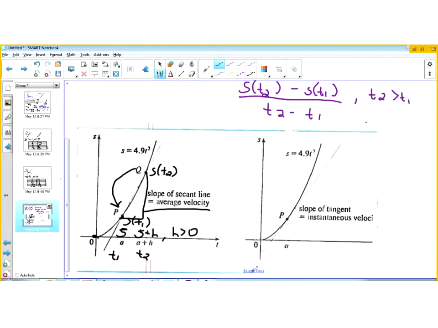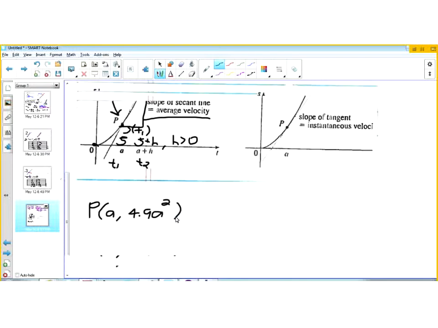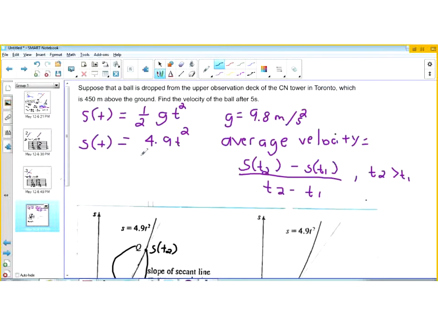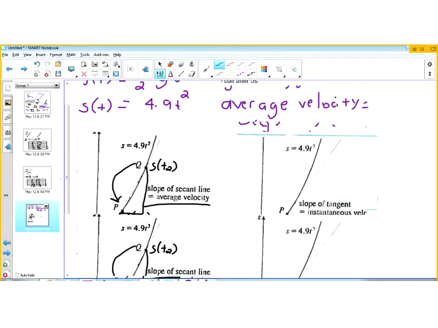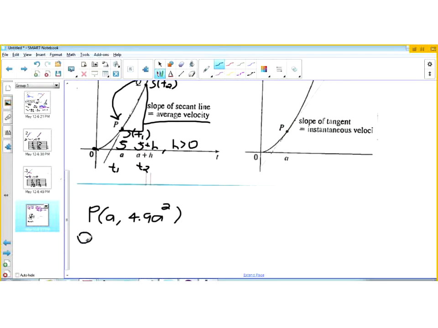we use the tabular approach. So a couple of formulas for you. We can say that the coordinates of P: the abscissa of P is A, and the ordinate of P is 4.9 A squared. I just took A and substituted it into the formula, so S of A, because S is our output.